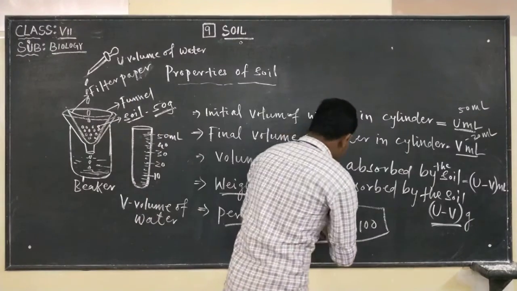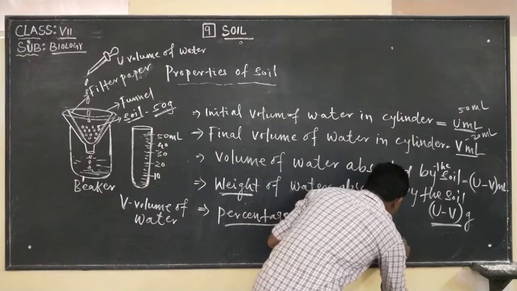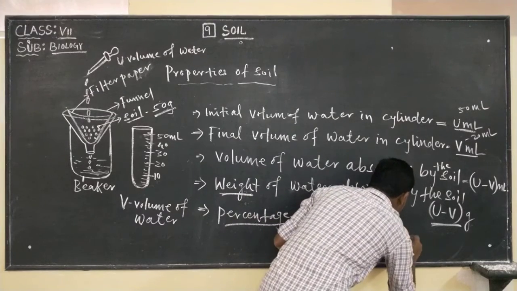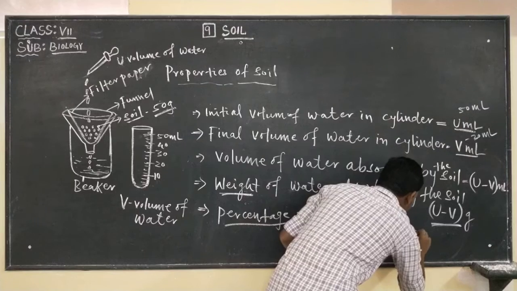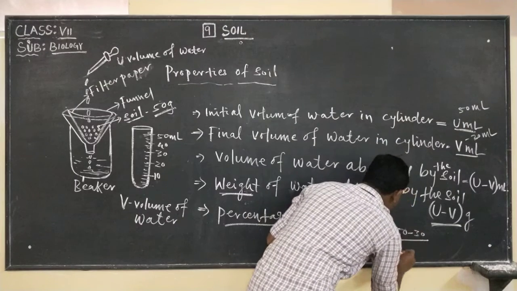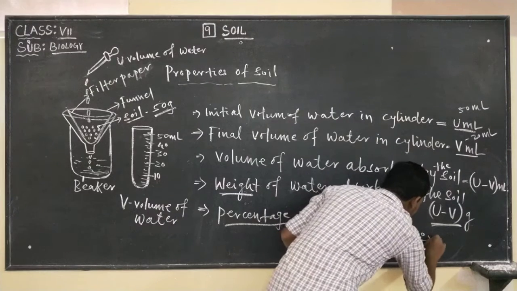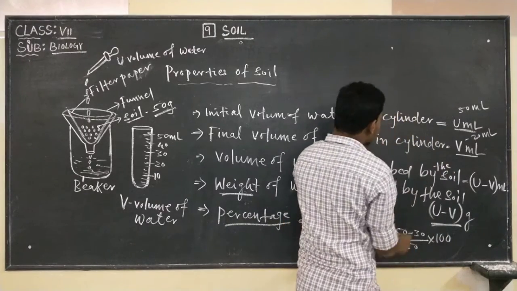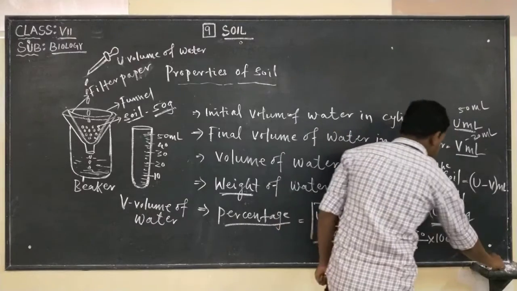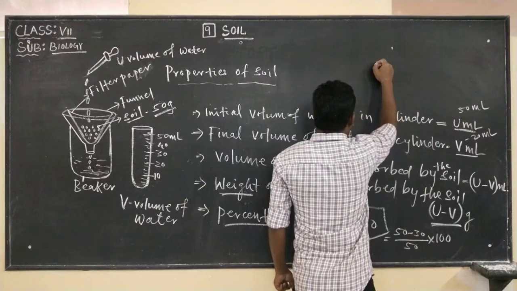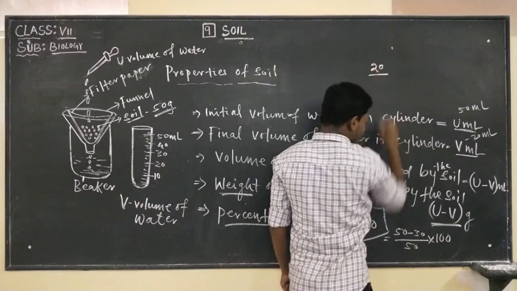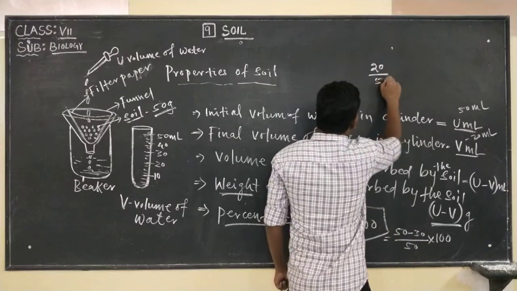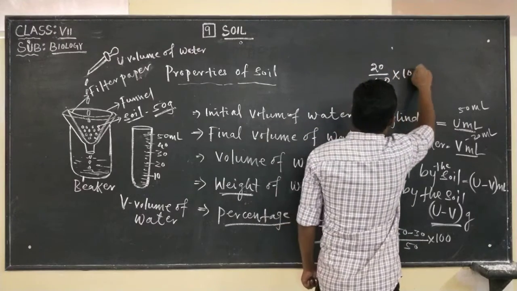So the initial volume is 50, and the final volume is 30. Now 50 minus 30 equals 20, by 50 into 100.